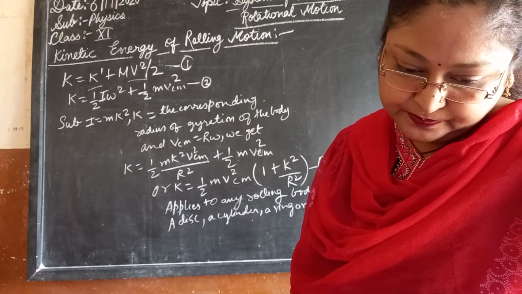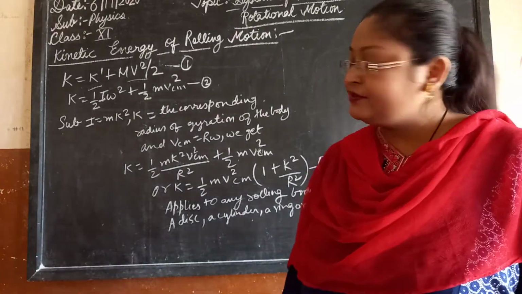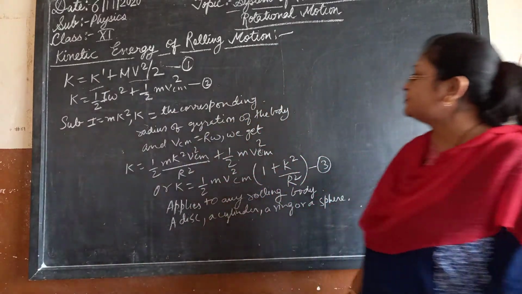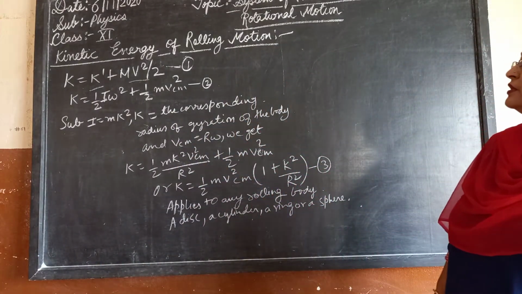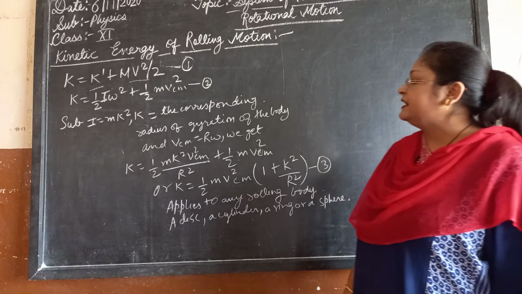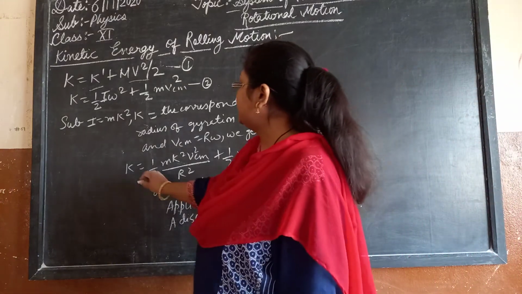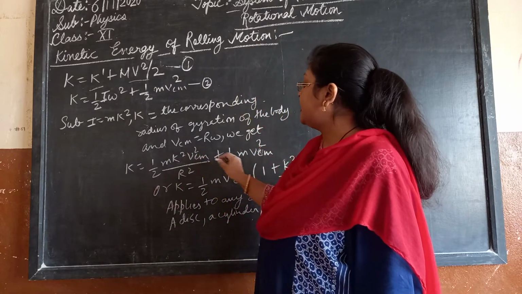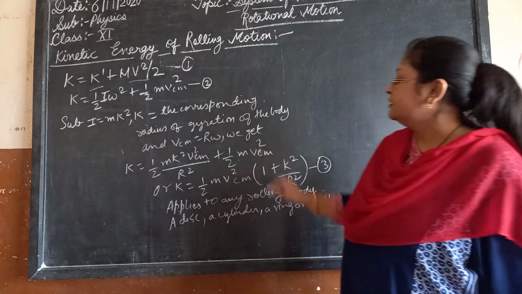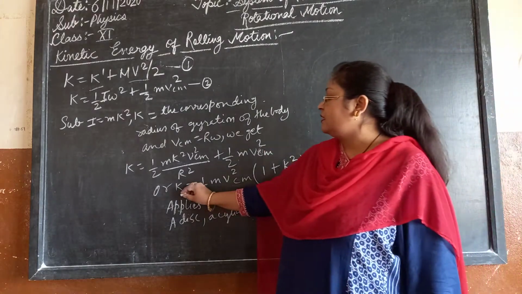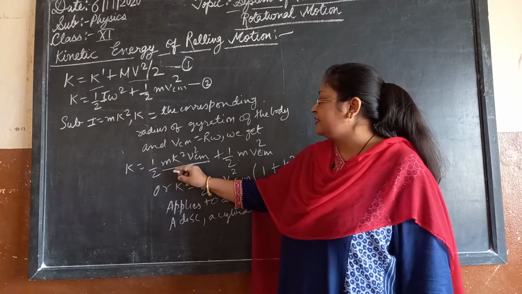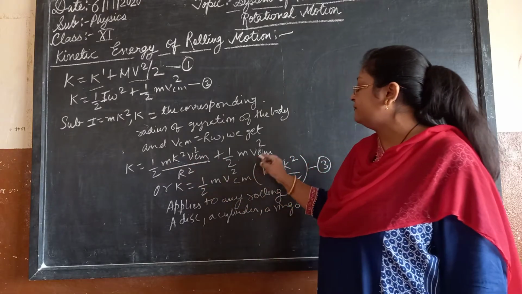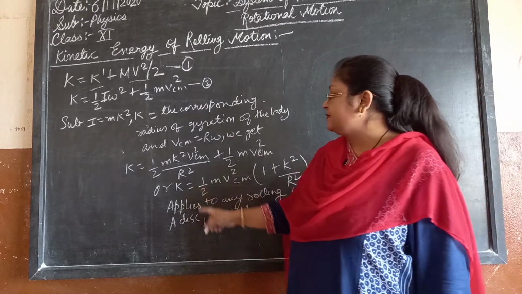This is the second equation. So substituting I equals m k square, where k is the corresponding radius of gyration of the body, and vcm equals r omega, we get K equals 1 by 2 m k square vcm square upon r square plus 1 by 2 m vcm square, or it can be written as 1 by 2 m vcm square.